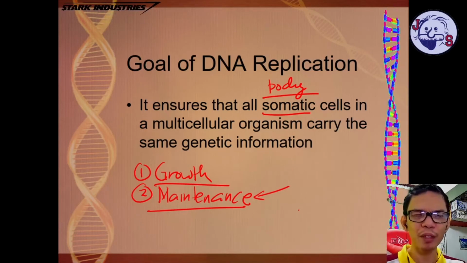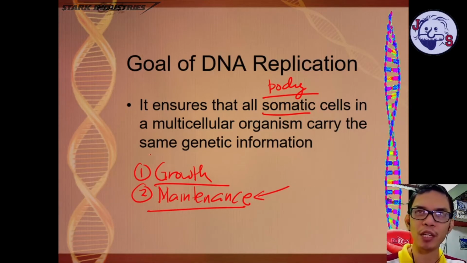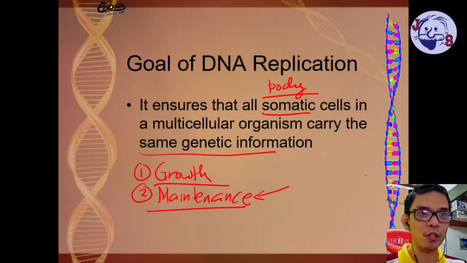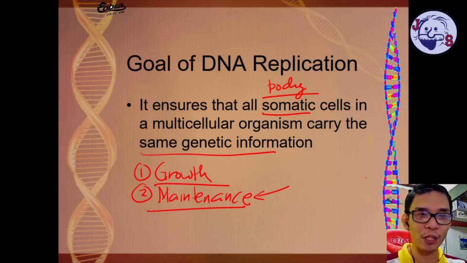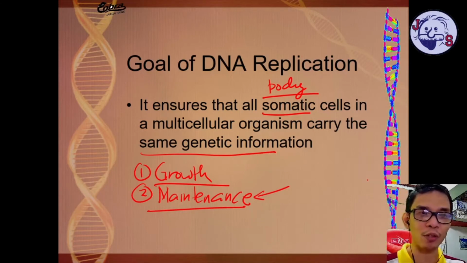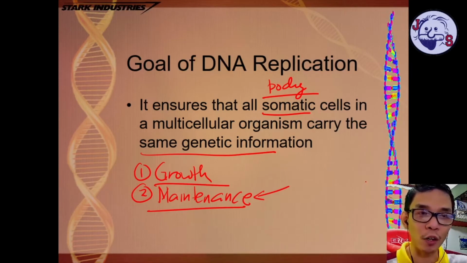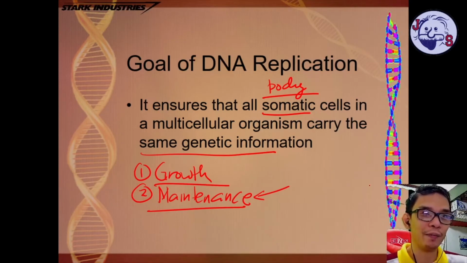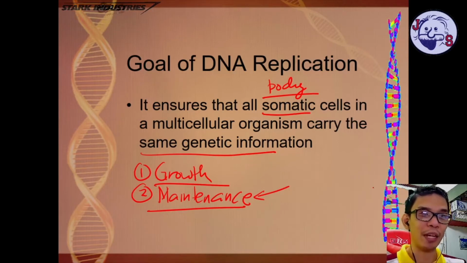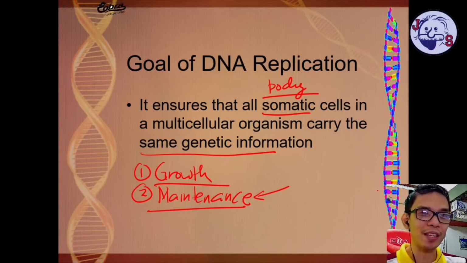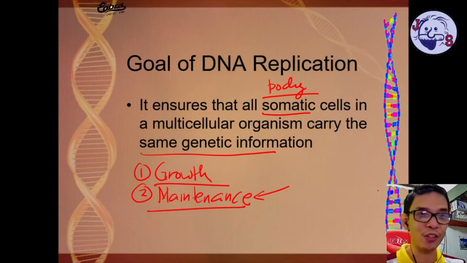Example, the skin. If the replication fails to carry out the same genetic information, the skin color that you have right there will be completely different from the surrounding skin. For example, you have dark colored skin and suddenly the replication process fails. What happens is there will be skin cells that are white on your body.